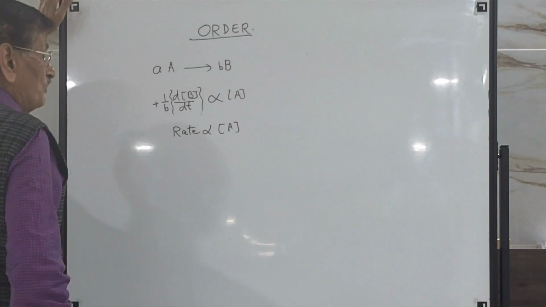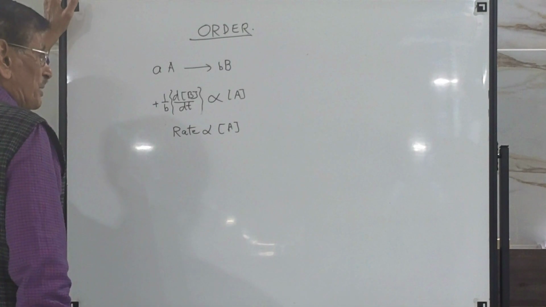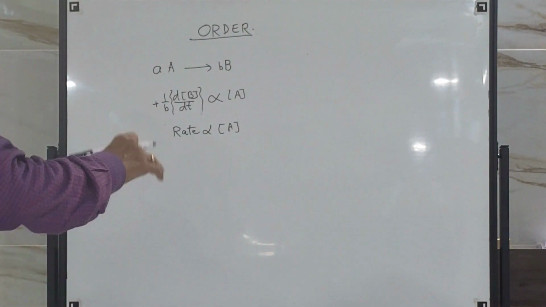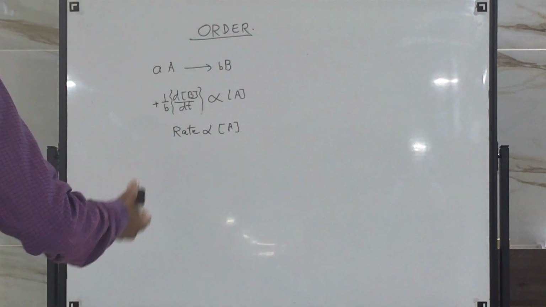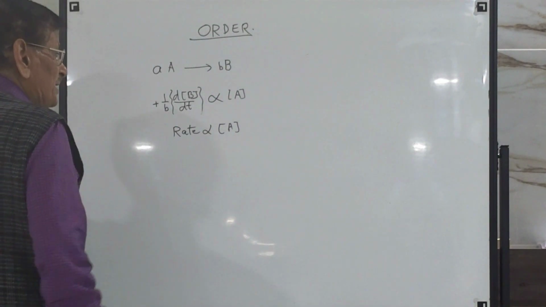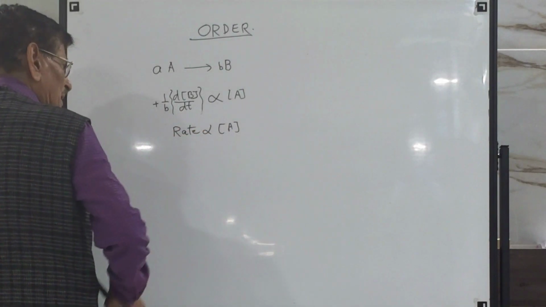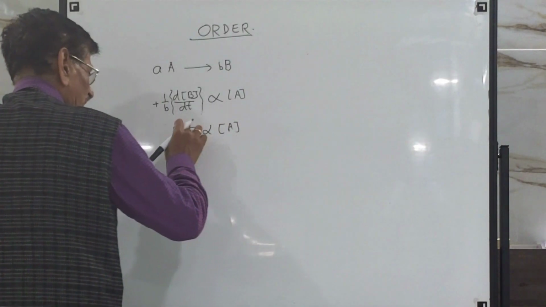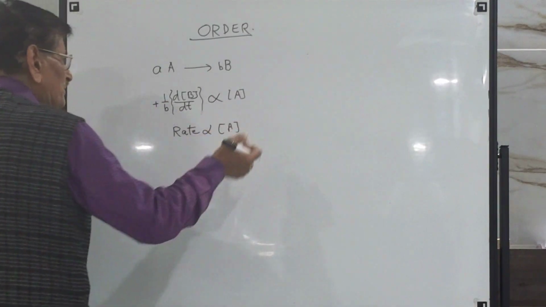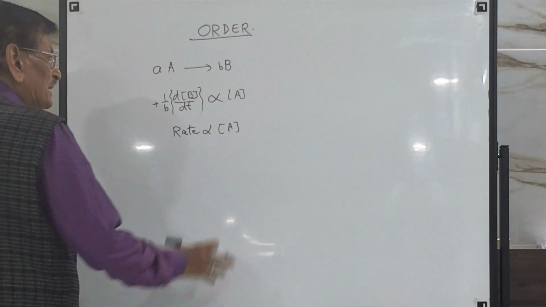This mathematical equation will apply if the rate increases as many times as the number of times the concentration of A is increased. If A is doubled, the rate is doubled. If A is stable, the rate is stable. If A is increased 4 times, the rate is also increased 4 times.